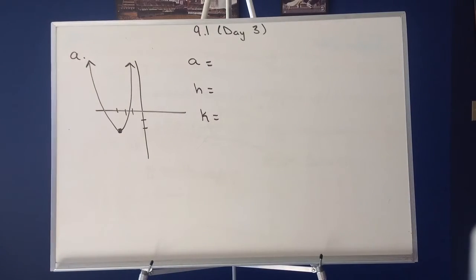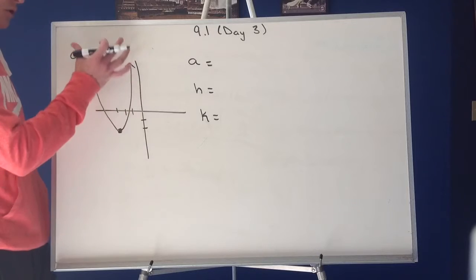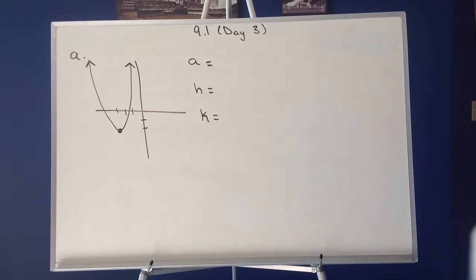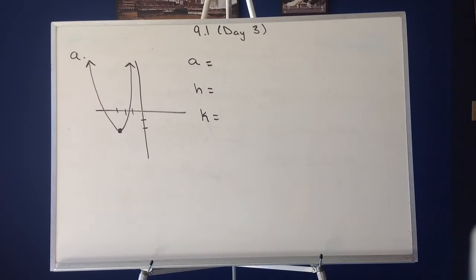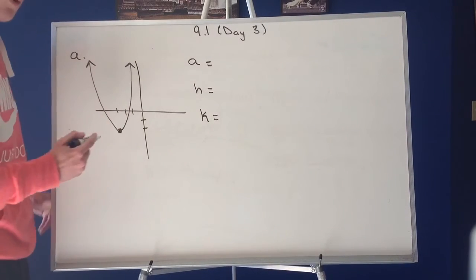Okay, so to find the A, what you have to do is first tell what direction it's opening. This one's opening up, so it's going to be a positive A. And again, it's much easier to see on your graph than it is on mine, but to figure out what the A is, you always go over one spot, and then you see how much it went up. On this one, you'll notice that when you go over 1, it also goes up 1.